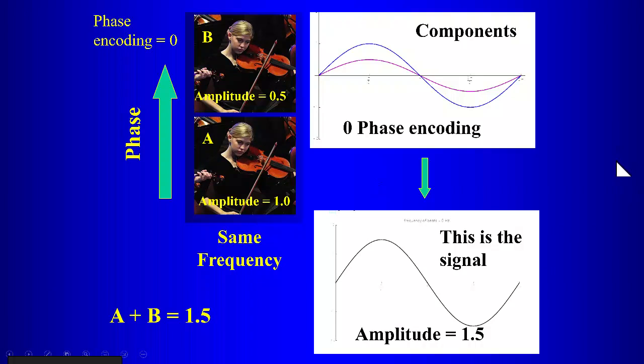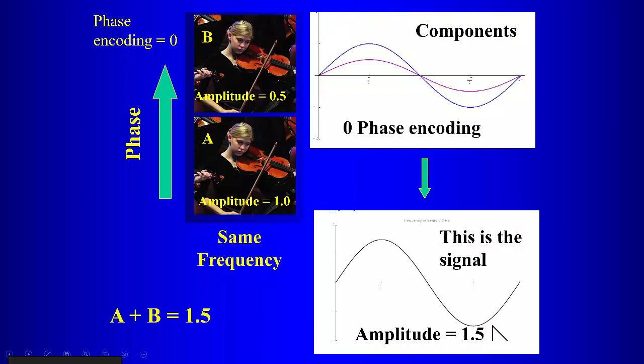Now, humans can't do this, but we can do this on the magnet itself, right? So I have two violinists here in a column, A and B. This one has an amplitude of 1. This one has an amplitude of 0.5, okay? If they are completely in phase, playing the same note, that's a 0 phase encoding gradient, okay? That's 0 phase encoding.